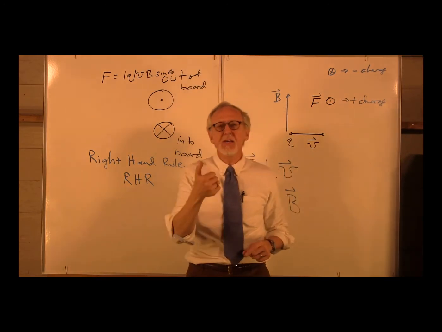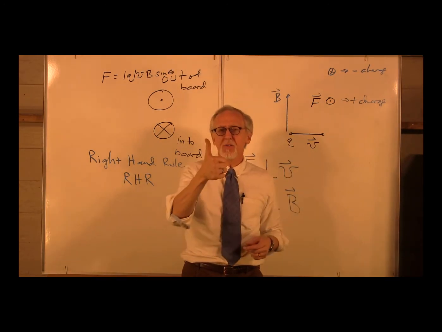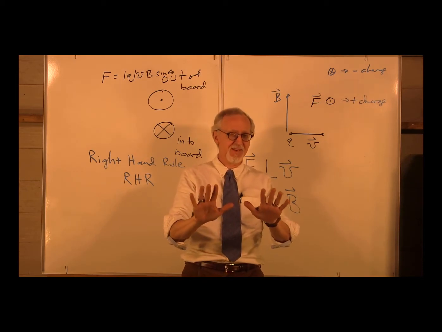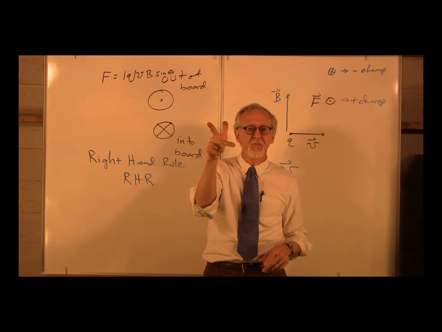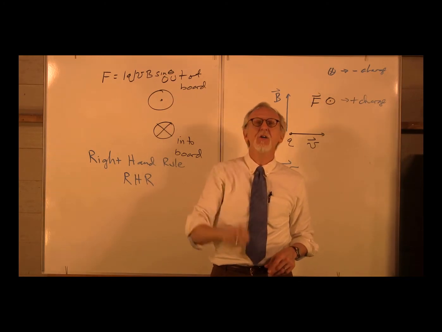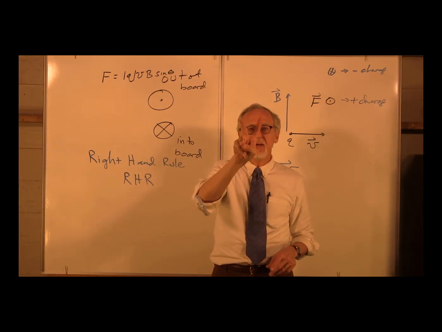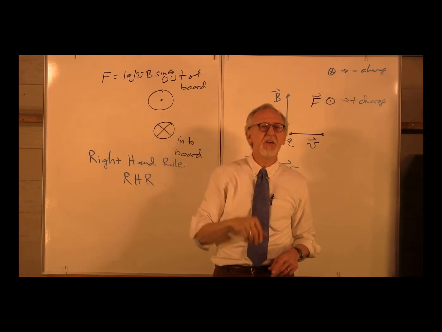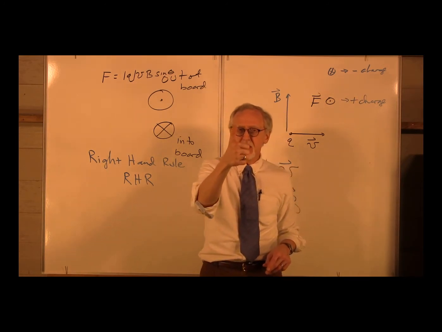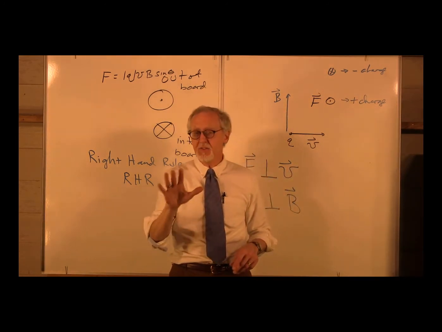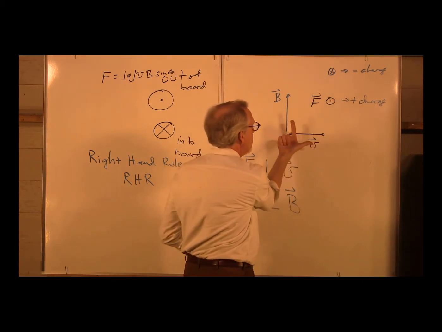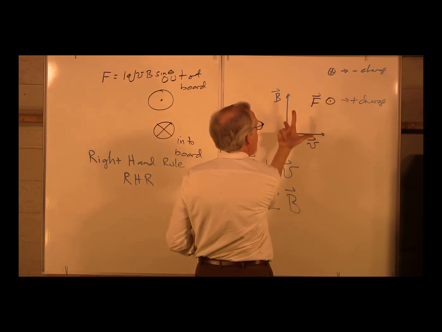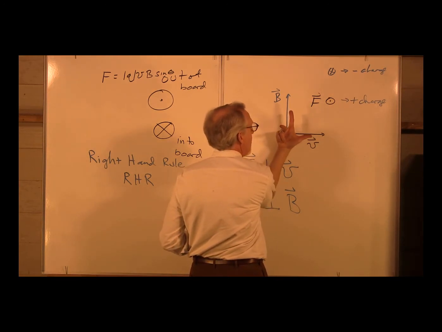You can do it VB, and then your middle finger is F. You can say VB, and then your thumb is F. Either one is fine. We'll do it the same way as we did the first one. So V is this way, B is up, and then F is pointing out of the board.